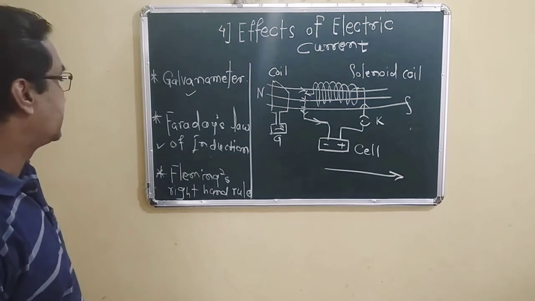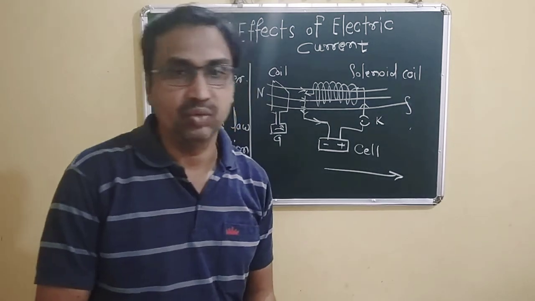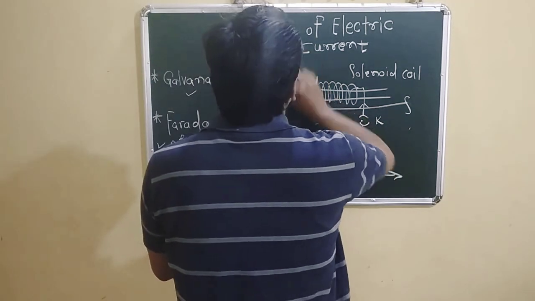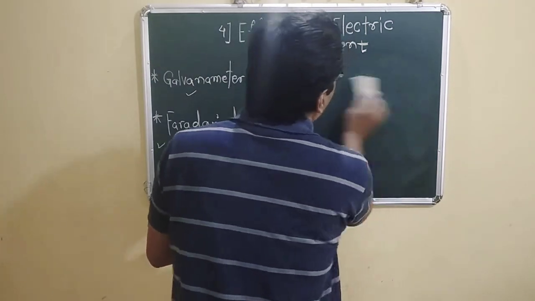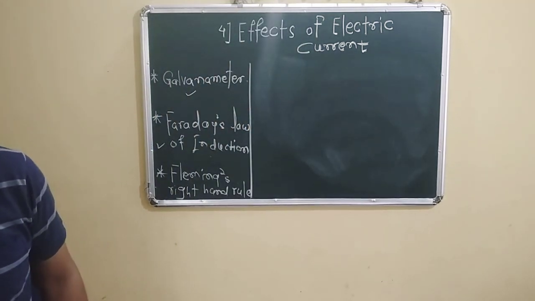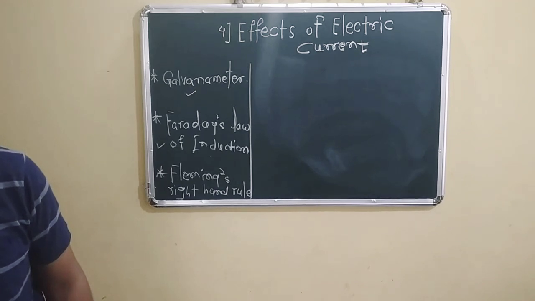Okay, the last one is Fleming's right hand rule. We already saw Fleming's left hand rule.